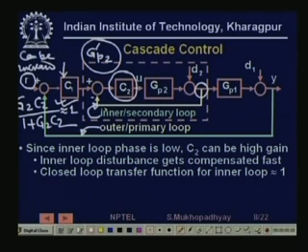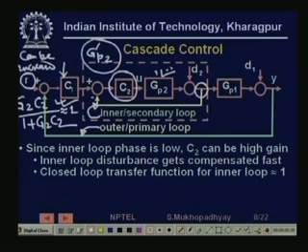So, we should be able to use a high C2, but can we use a high C2? Yes, we can, because as far as this loop is concerned, the loop phase lag is only GP2. Previously in the outer loop we were having a problem because the phase lags of GP2 and GP1 were adding up. But now in the inner loop we have only the phase lag of GP2 to take care of. For example, as far as our motor control is concerned, GP2 has around 90° phase lag.